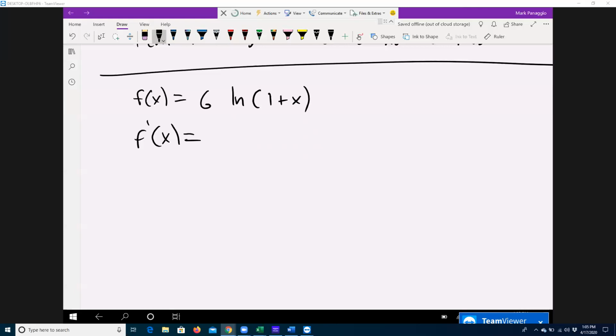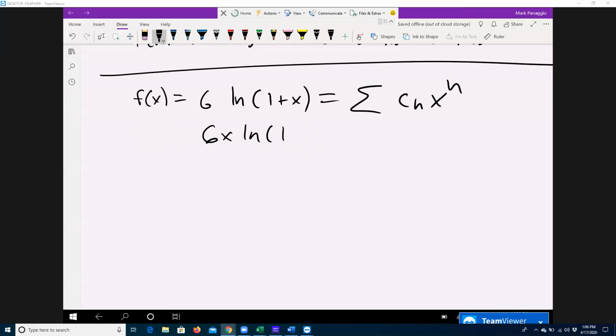So the idea would be, once you can find a series for ln of 1 plus x, so maybe you find that this is equal to some sum of x to the n times cn. If you then want to have a series for 6x ln of 1 plus x, you would just multiply that by x, which would be the sum of cn times x to the n plus 1.